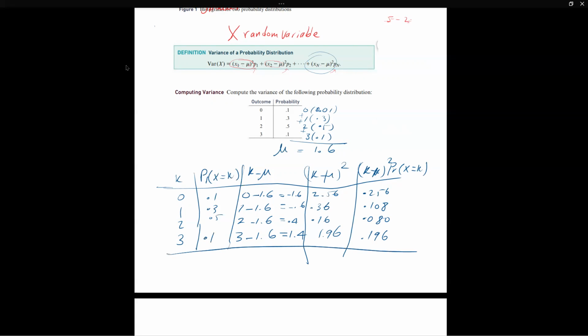So the variance is the sum. When you add, you get 0.64.